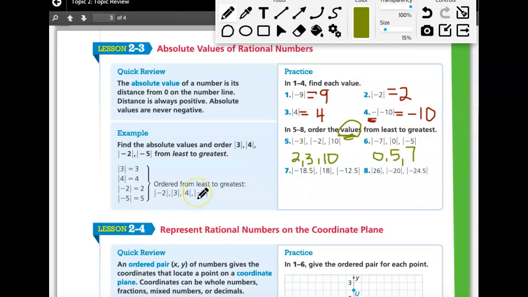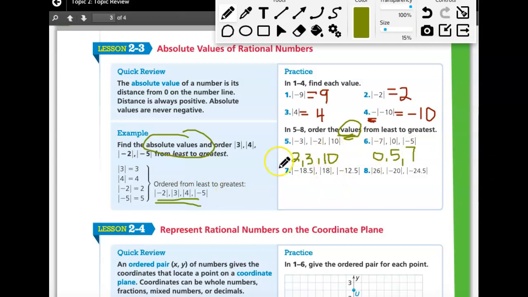Miss Gongora, I have a question. Sure, go ahead. In the example, it puts the absolute value, find the absolute value of that from least to the greatest. So just find the absolute value and order them. Are we writing them in the absolute value form, or keeping it as the equivalent value form?